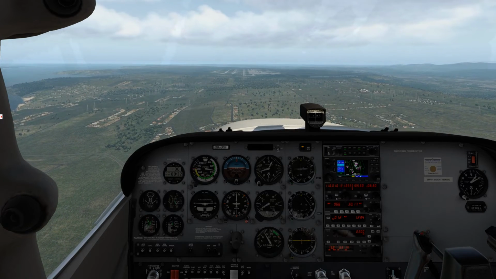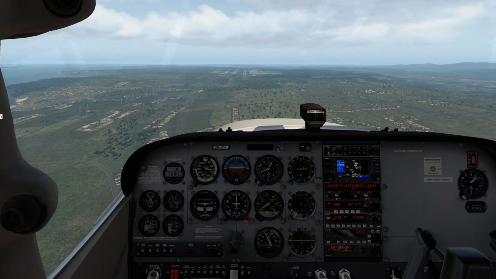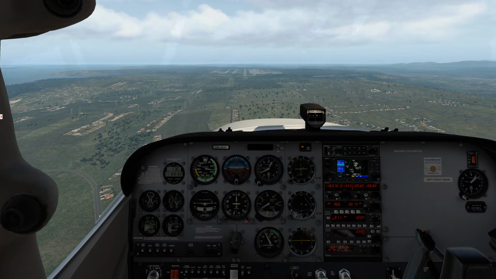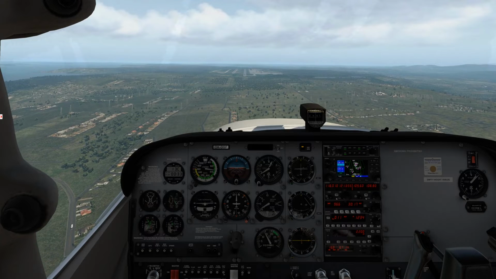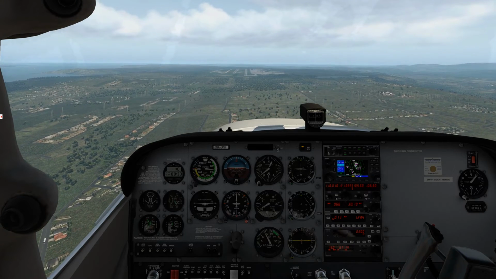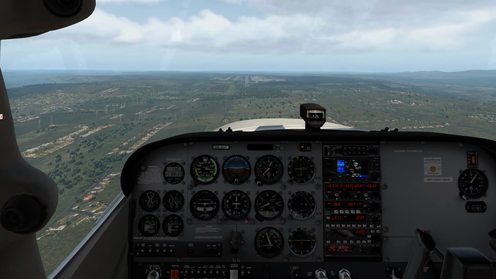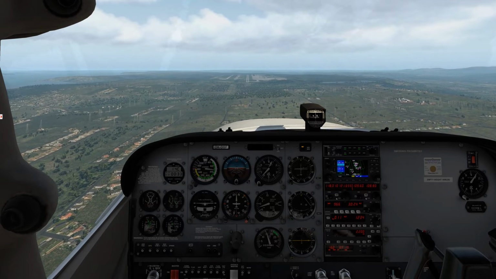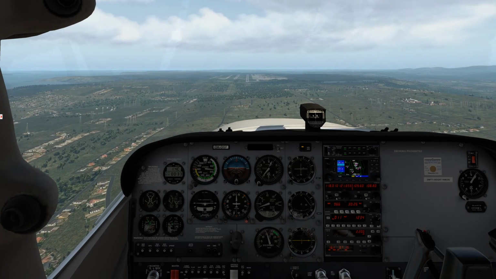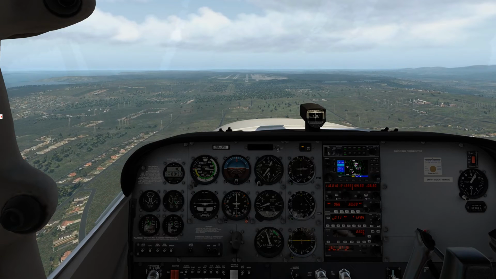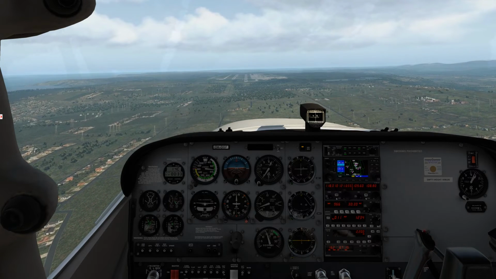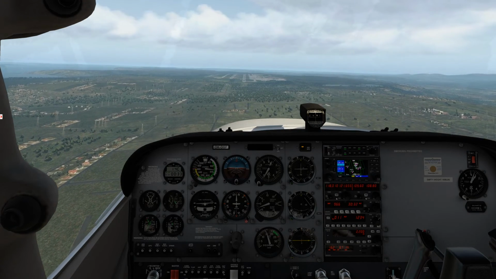Now, one of the things to note here is that as you get closer to the runway itself, you're actually getting closer to the transmitter, the radio transmitter of the ILS. And as you get closer, the margin of error gets smaller. So it actually gets way more sensitive the closer you get.